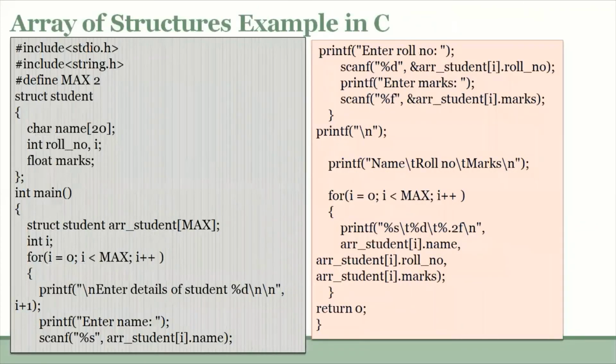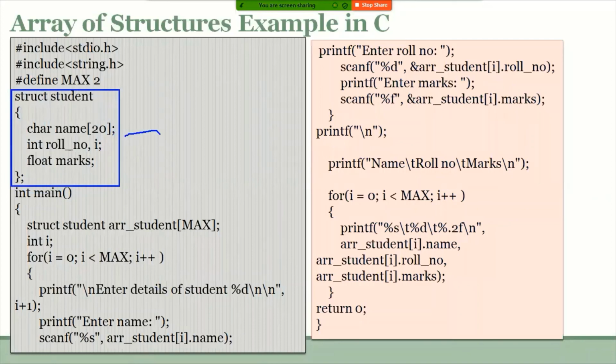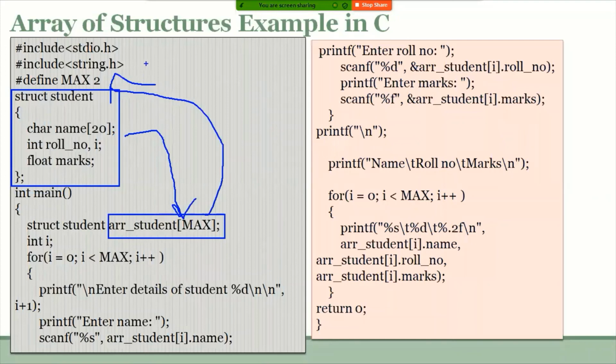In this example program, this is the student structure, and for this student structure the variable declared is array underscore student of max. What is max? Max is 2 here. You can take a max value of 60 also, but to understand very easily, let us consider only 2.